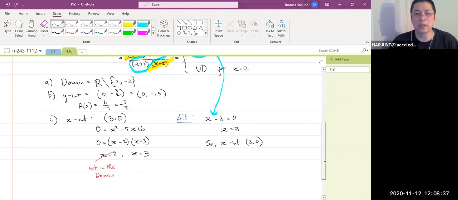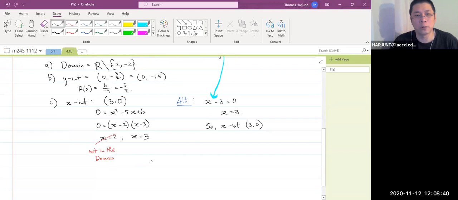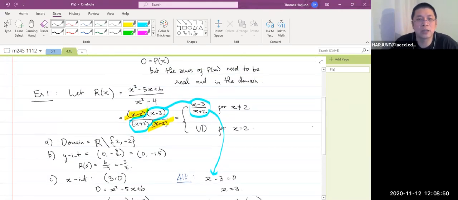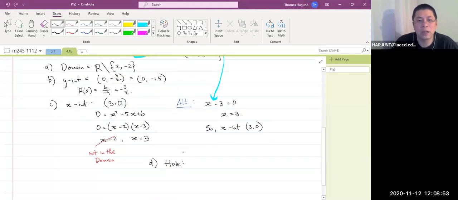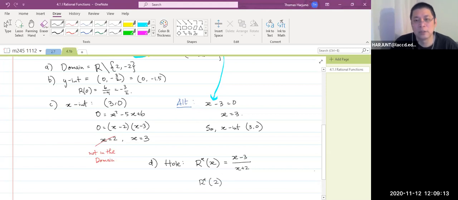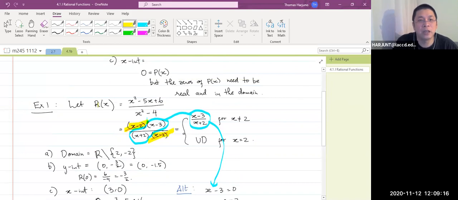Okay, I remember last time I taught you how to find the hole. The hole is the place that is not defined, the canceling. It cancels at x minus 2, right? Okay, so you plug in x equals 2 into the simplified version. R star of x is (x minus 3) over (x plus 2), right? Now, you input the 2, which is undefined in the original function, but defined in the simplified function.